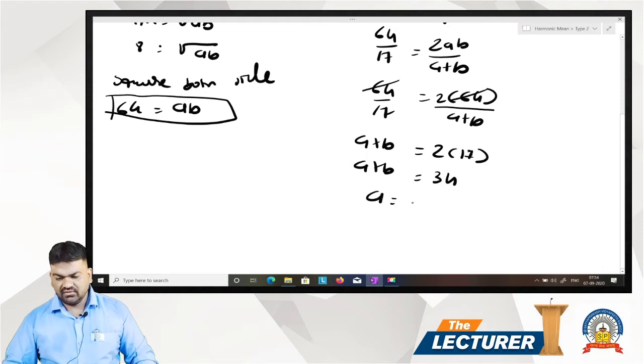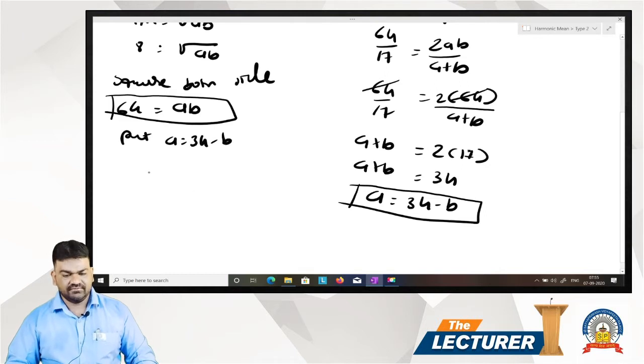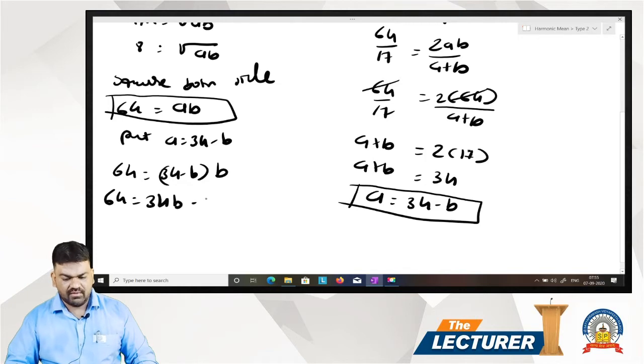So A is equal to 34 minus B. Put here A is equal to 34 minus B in place of A in 64 is equal to AB: 64 is equal to 34 minus B multiplied by B, so 64 is equal to 34B minus B square.